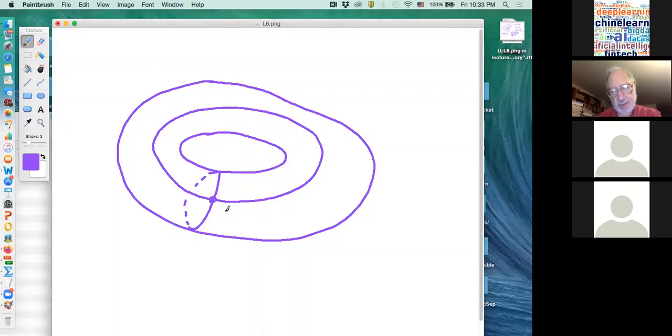So what will happen here if I were to try to make a checkerboard coloring? I would want this to be black, and I would want that to be black.